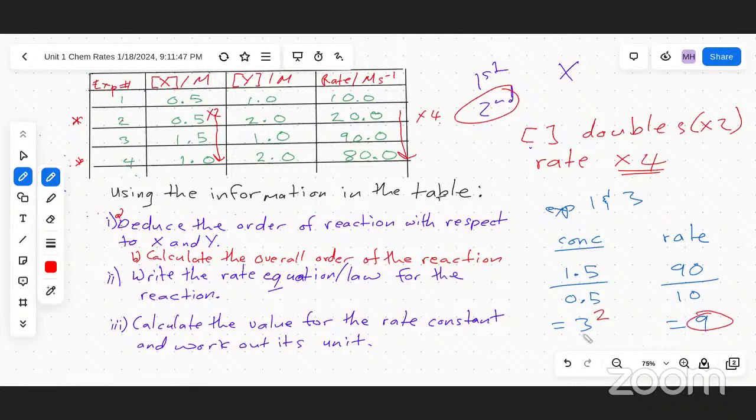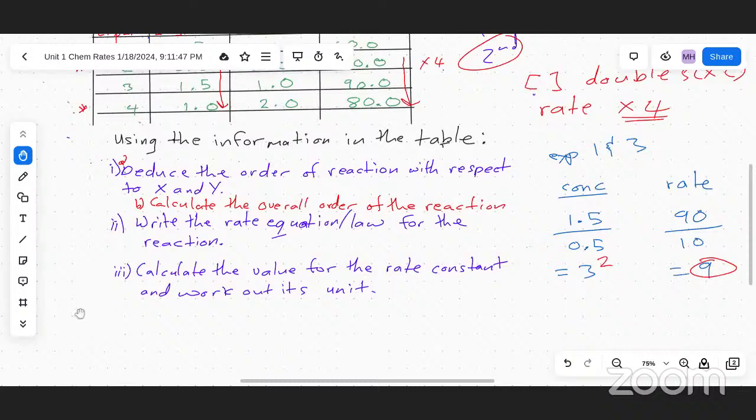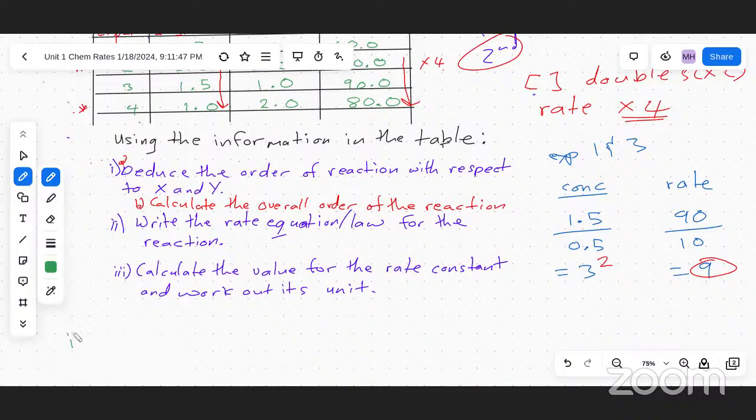So the rate is proportional to the square. Good job, second order. Let me scroll down. So for 1A, in terms of X, that is second order.